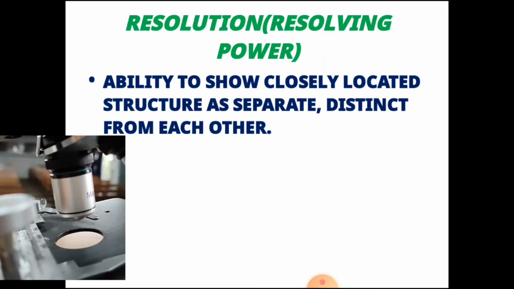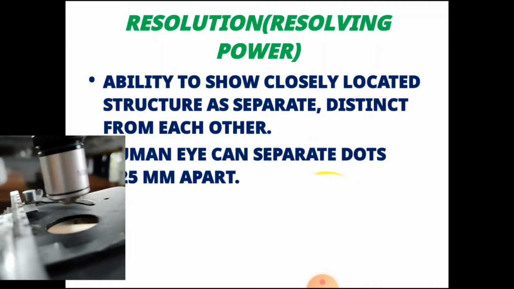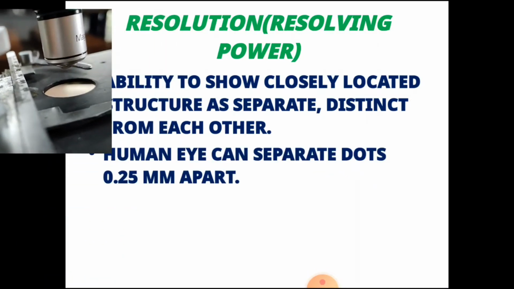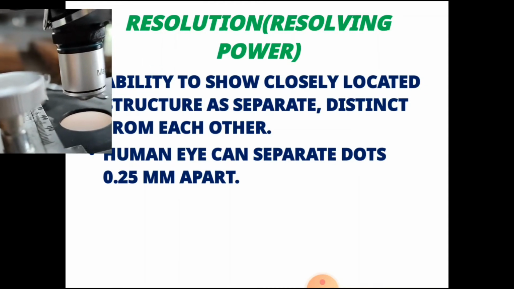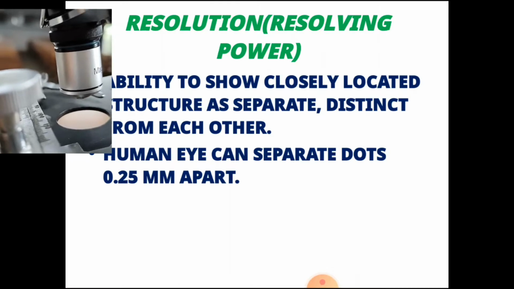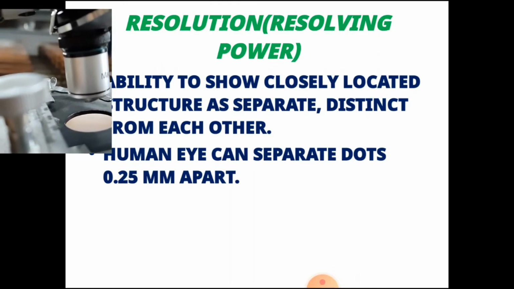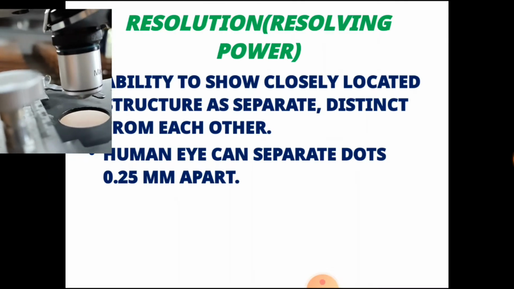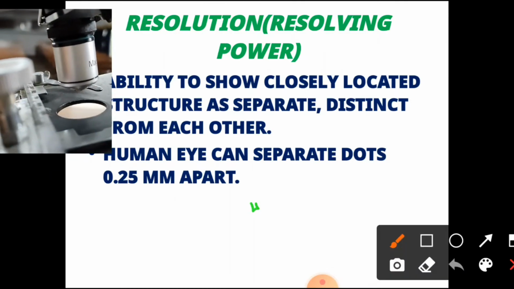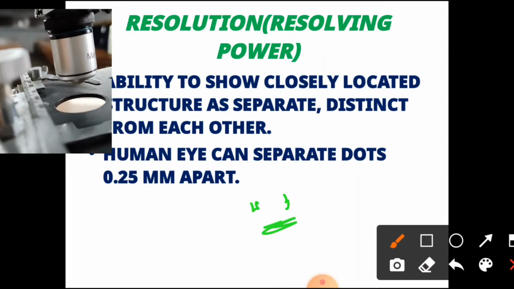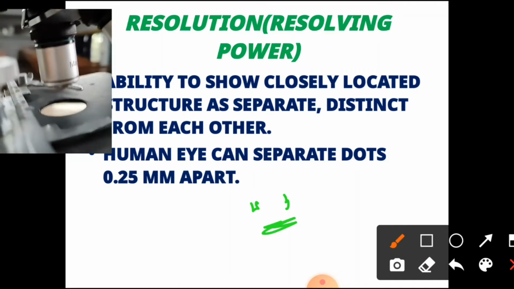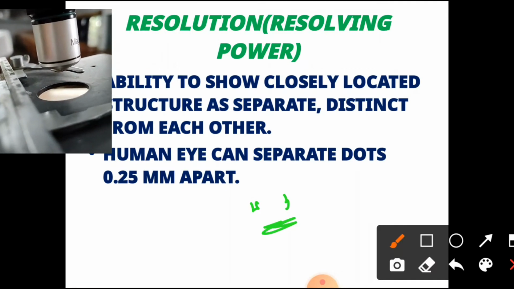The human eye can separate dots at 0.25 millimeter apart. So if there are two dots present 0.25 millimeter apart, the human eye can separate them.